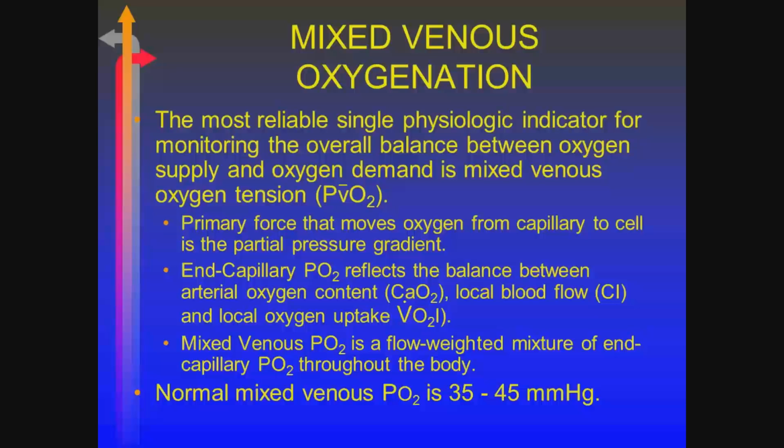If the opposite is true, it goes in the opposite direction. We know that that's the gradient which causes oxygen to move from capillary to cell. In theory, the capillary PO2 reflects that balance between delivery and uptake. Normal values 35 to 45.